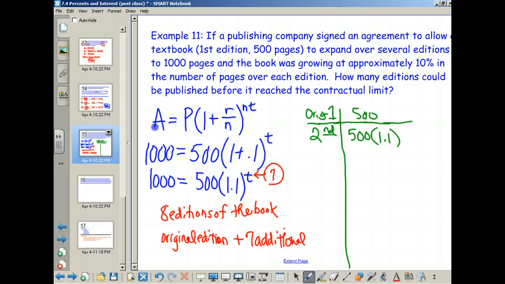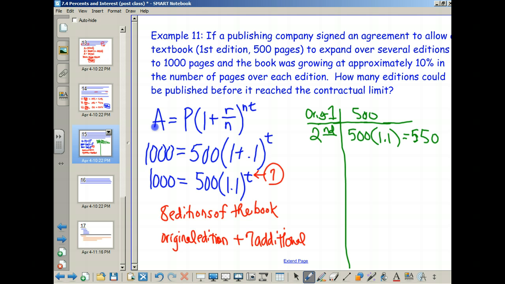So you get 1.1 to represent 1 is the original 500 pages, 0.1 is the percentage that goes up, the 10%. So if you grab your calculator and you take 500 times 1.1, you get the second edition is 550 pages.